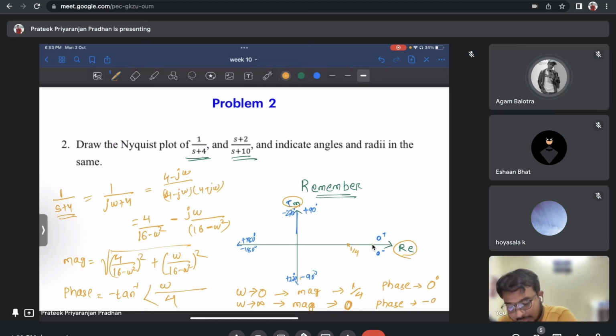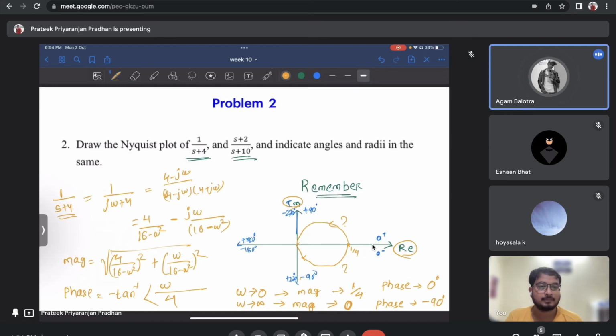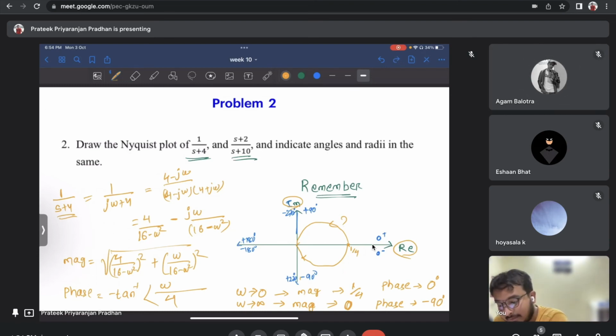Very good. Minus 90. So now tell me, should it come from this, or should it come like this or like this? Which one is correct? Yes, exactly. That's why, if you don't remember, you will get it wrong.